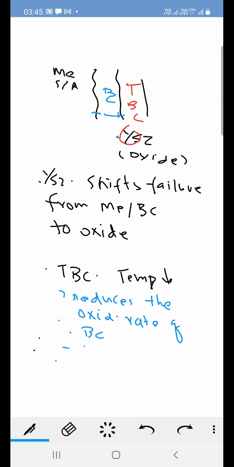So due to this, there is a delay in failure by oxidation.